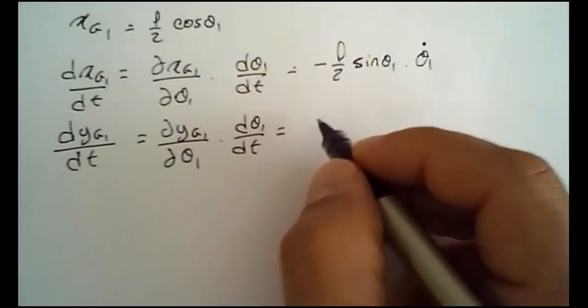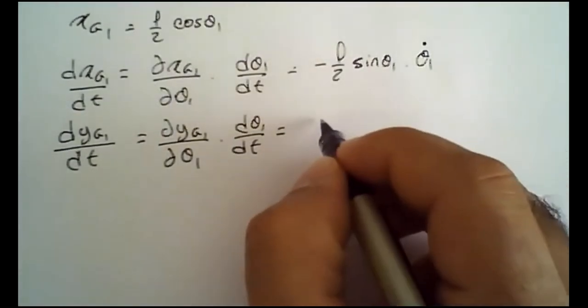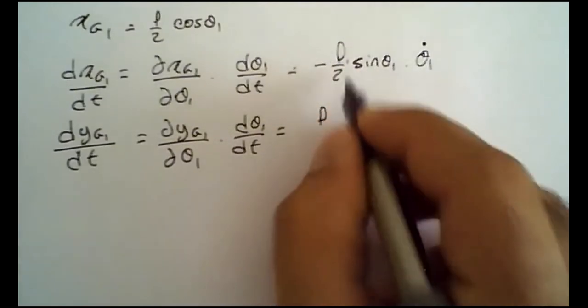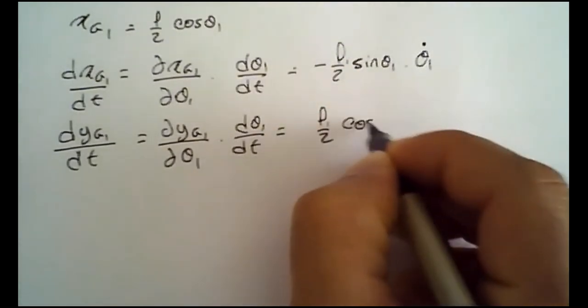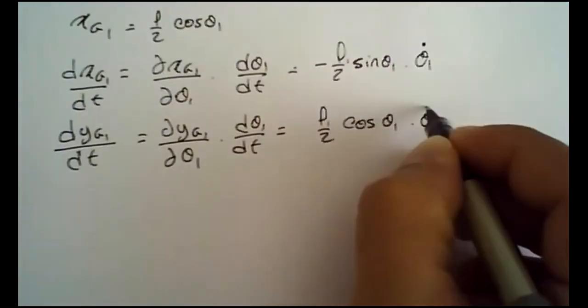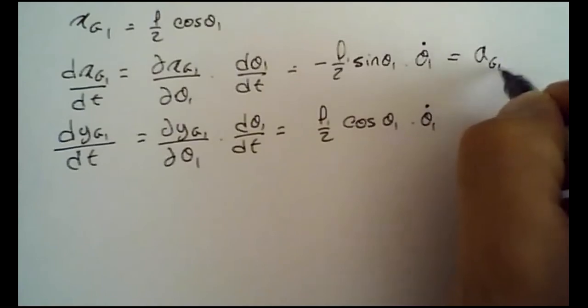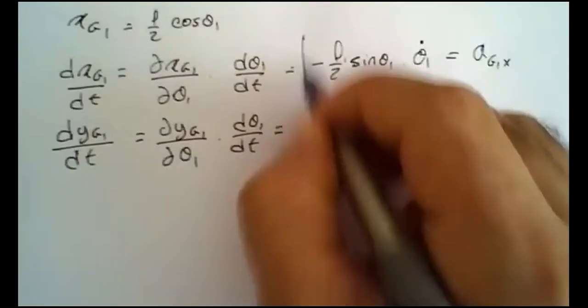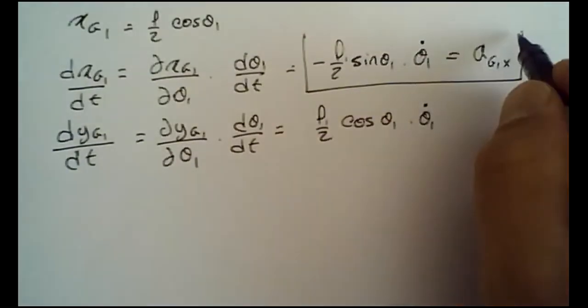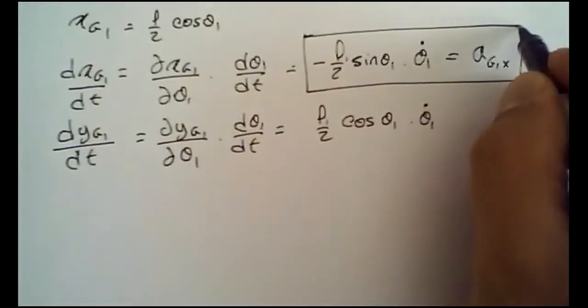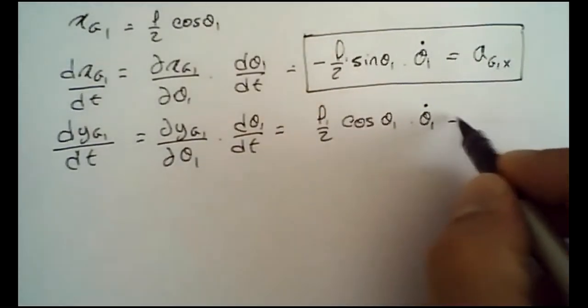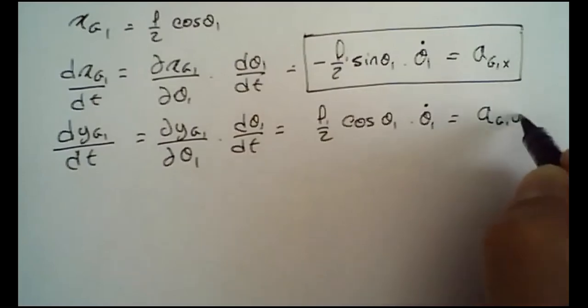We know yG1 was L1 over 2 sine theta 1, so it will simply be L1 over 2 cosine theta 1 multiplied by theta 1 prime. What is that, by the way? This is AG1x, so there you go, we have obtained AG1x, and this one is AG1y.